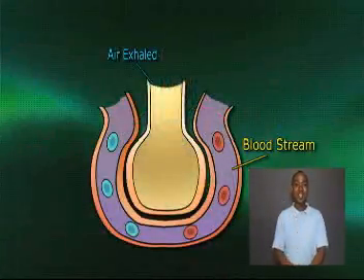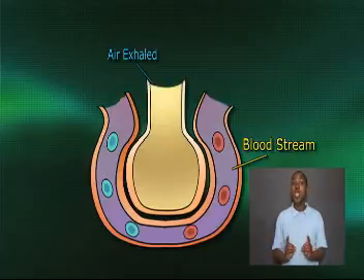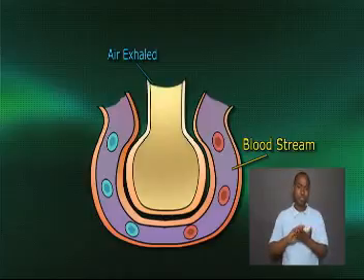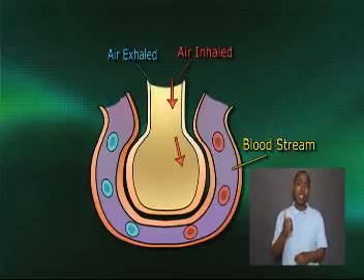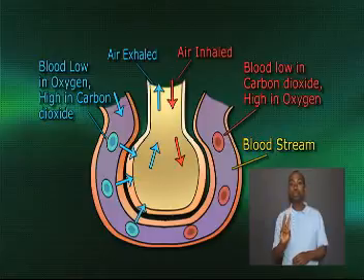Many necessary substances move across the cell membrane by diffusion. Breathing in fresh air is an example of how diffusion functions. Air that is inhaled contains more oxygen than the blood inside the lungs.